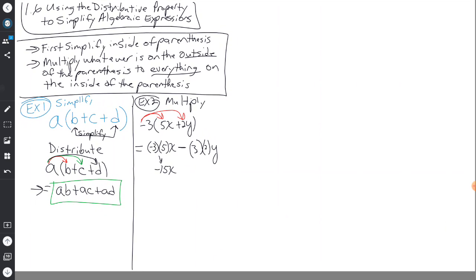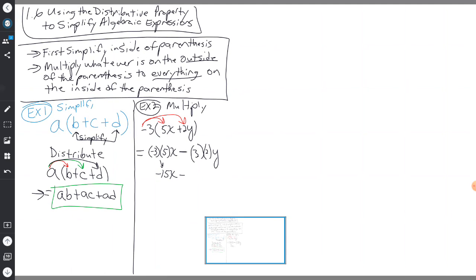So now that gives us what? So minus 6y. And that's as far as we can go. So that will be our final answer with that.